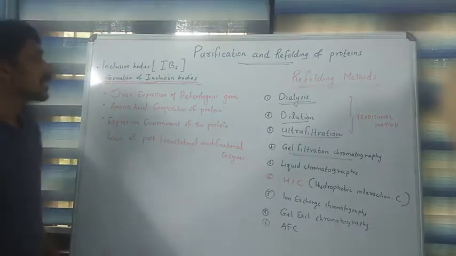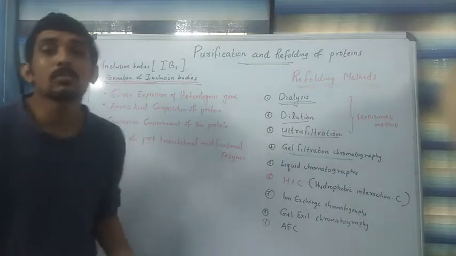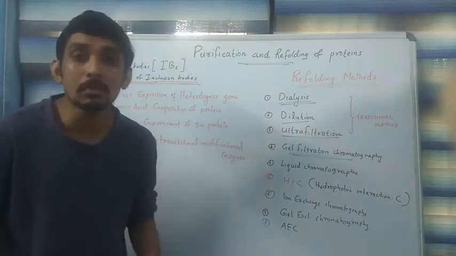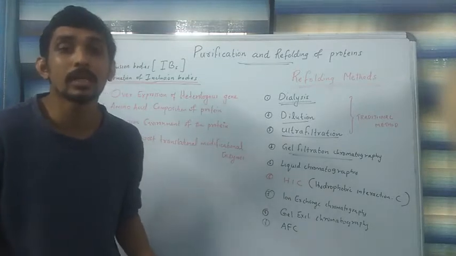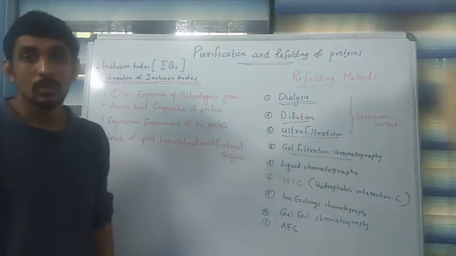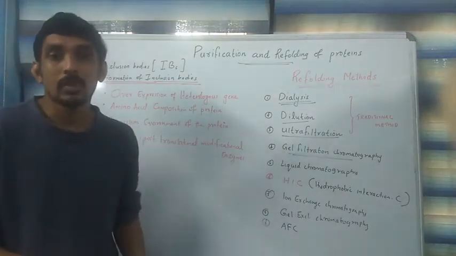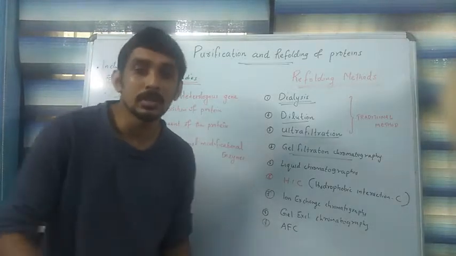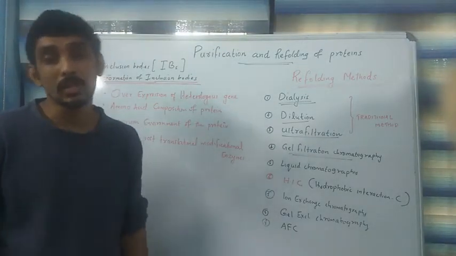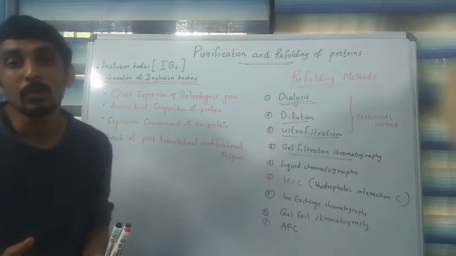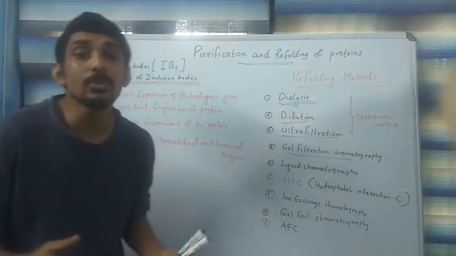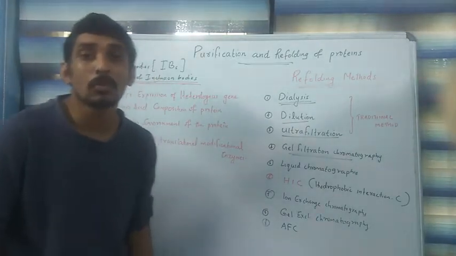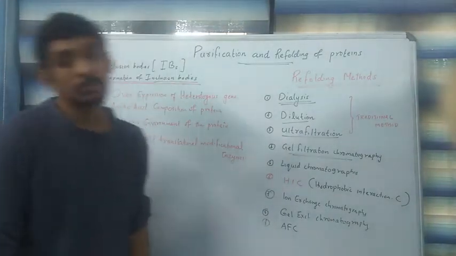Such kind of inclusion body formation also takes place in the case of heterologous gene product or heterologous protein, that is recombinant protein. When we produce a protein by using a heterologous gene, that protein may not be functional. Such protein exists as inclusion bodies, mostly within the cytoplasmic space of that prokaryotic organism.